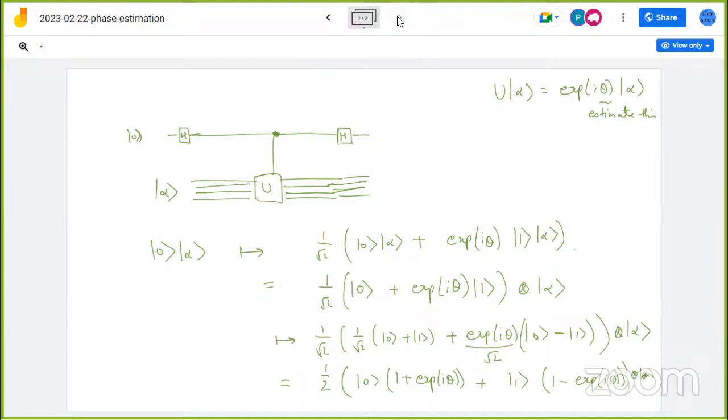If the second Hadamard is not there, then we will just be here, and we saw that if you measure, we just get 0 and 1 with the same probability. Theta doesn't show. Now does it show? Yes, now it does. So what is the probability of measuring 0?